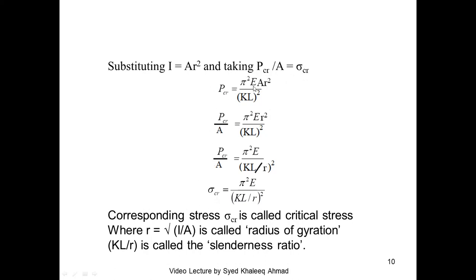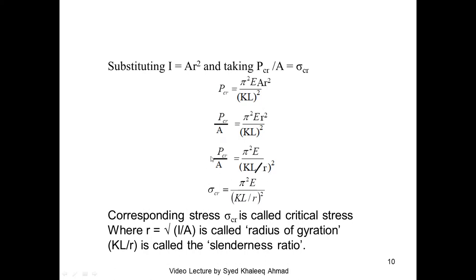We just substitute here, in place of I we substitute A R square, and here we have KL which is the effective length. We can take A to this side, so it becomes P CR over A, and what remains is pi square E R square over KL square, which can be further written as pi square E over KL by R whole square.